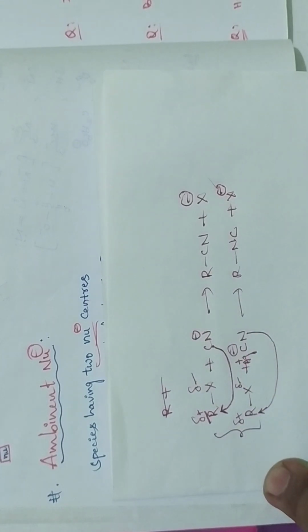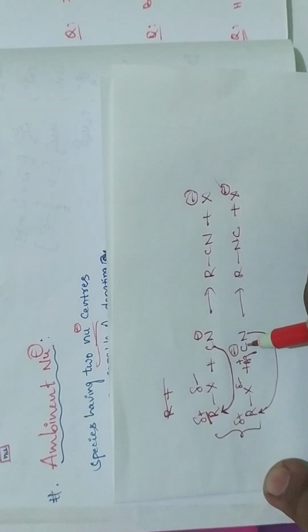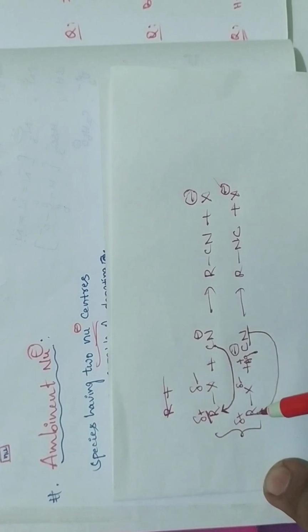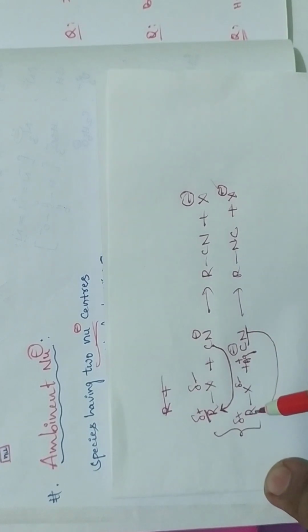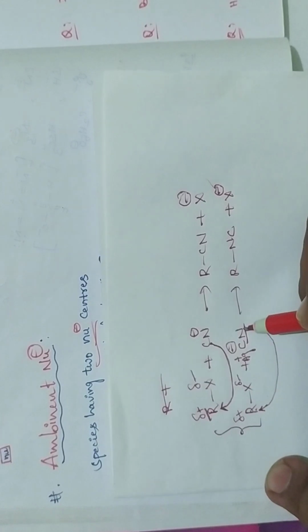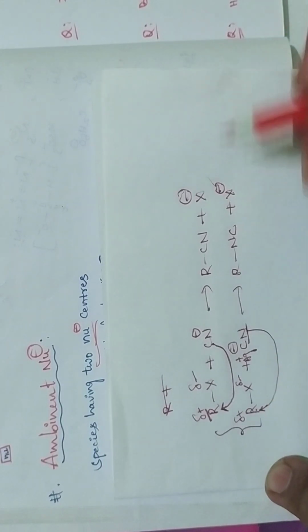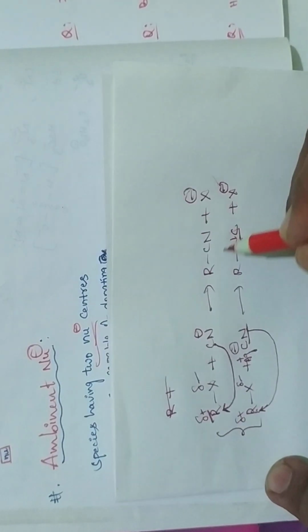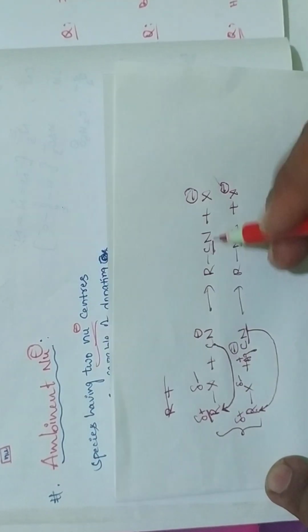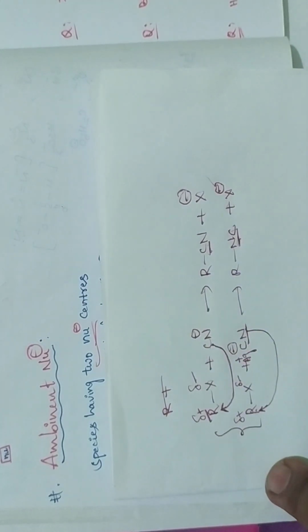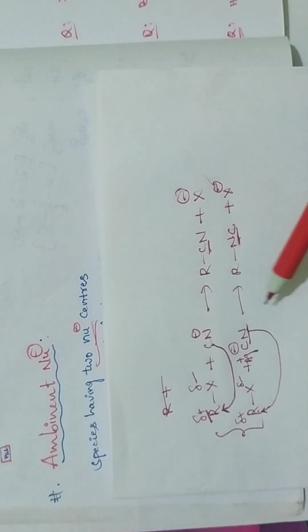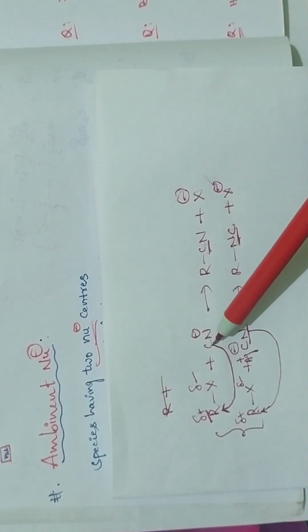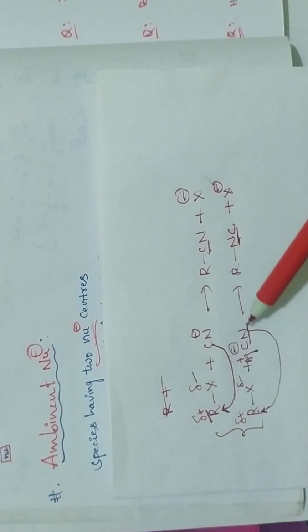Already we studied that nucleophiles attack at a low electron density site. So here nitrogen is donating the electrons, and we get isocyanides. Here carbon is donating, so we get cyanides.